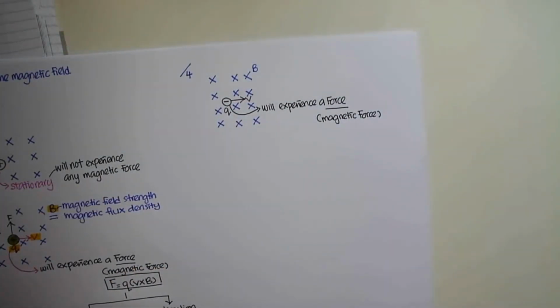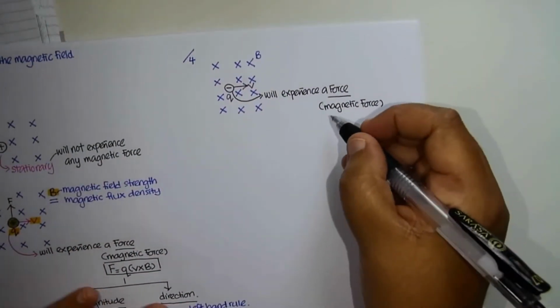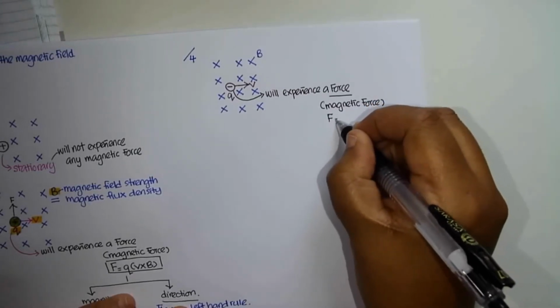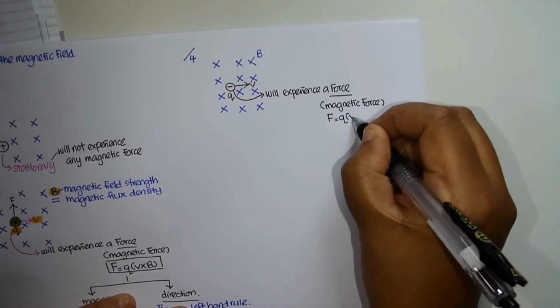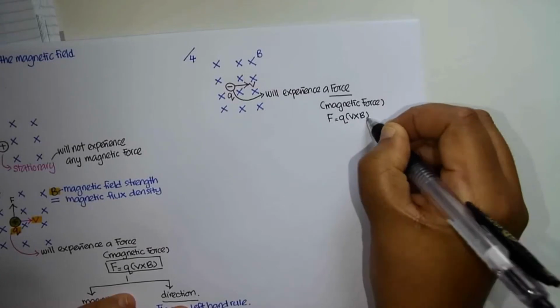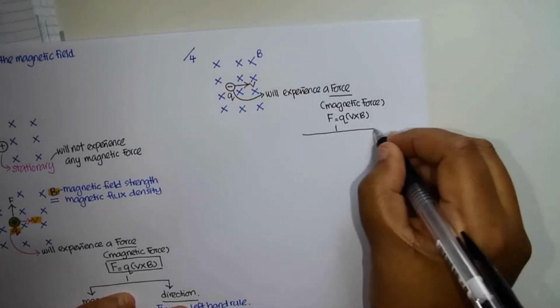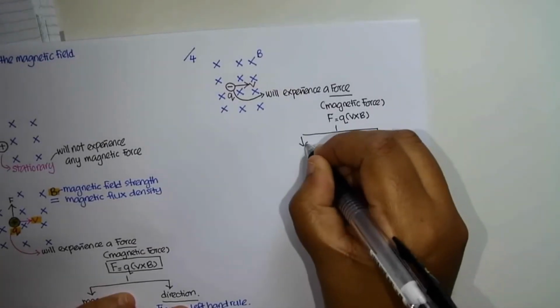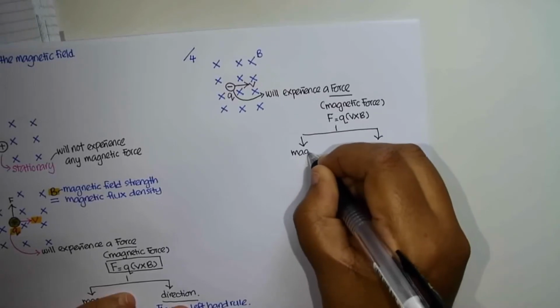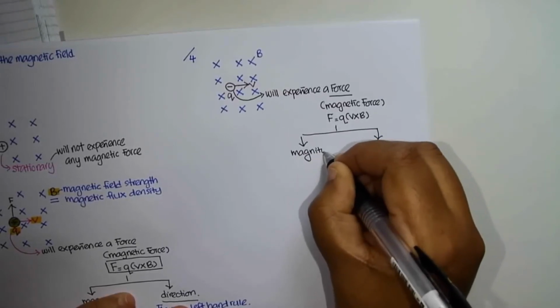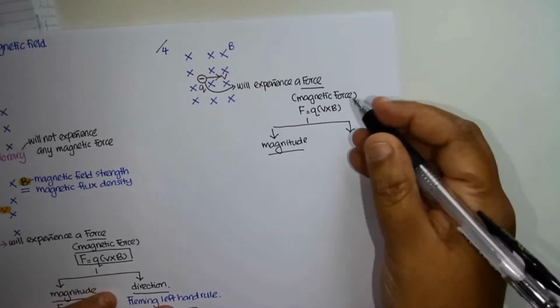And magnetic force means F equals Q cross product of V times B, where the force has magnitude and direction.